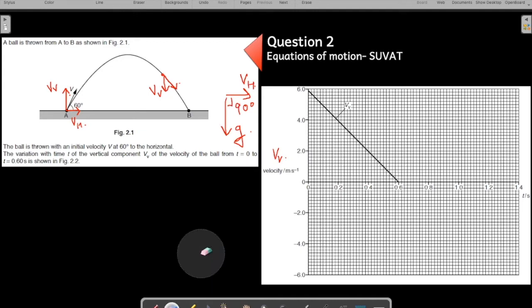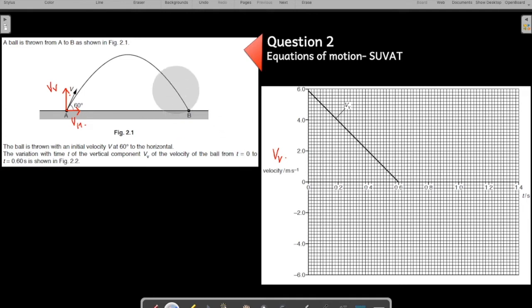So I've just explained a bit of the theory, which you'll find in the theory videos, so that you have a revision about it. So this graph here is a graph of the vertical component versus the time. Alright, and the vertical component reaches 0 at time t is equal to 0.6. So what is happening?